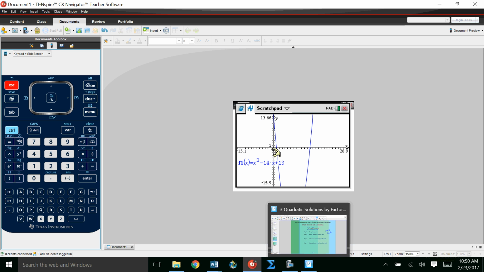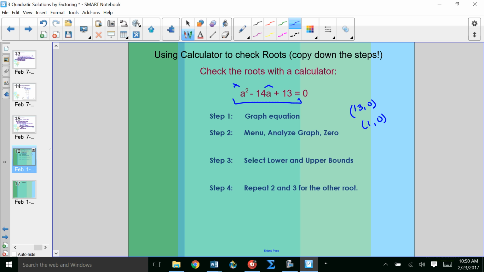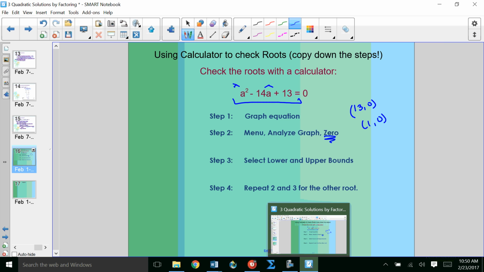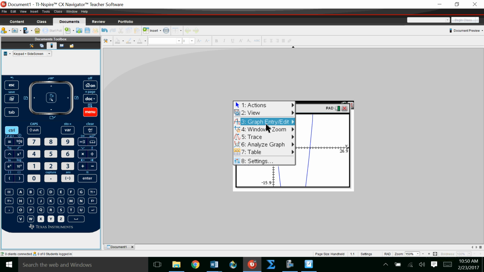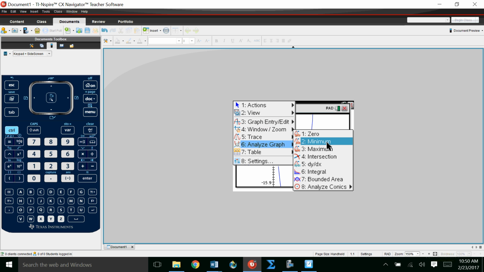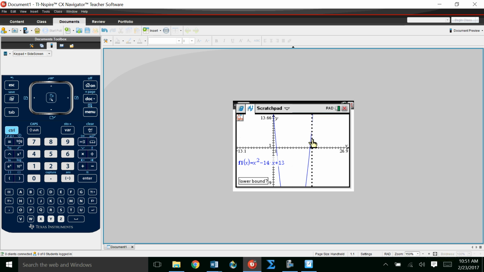And to check if these roots actually are 1 and 13 as we found them to be, what we'll do is hit Menu, Analyze Graph, and this time you'll select Find the 0. And by finding 0, that's implying find where it crosses the x-axis because the y's are 0. So Menu, Analyze Graph. This time we're not doing min or max. We're not worrying about the vertex. We're looking for a 0.